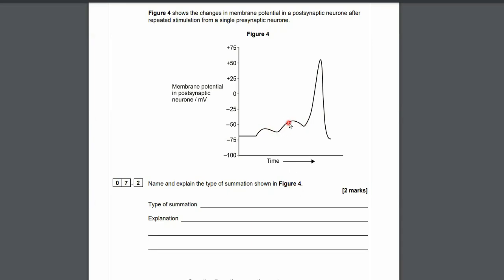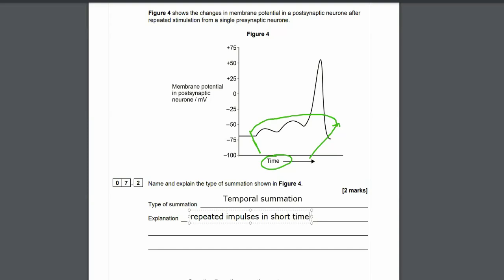We can see there's an addition of several action potentials here. We've got 1, 2, 3 action potentials, so 3 lots of neurotransmitter joining together. Over time, this is temporal summation, because you've got the time at the bottom. We're getting a combination of lots of neurotransmitter being released into the synapse over a short period of time, summing together to cross the threshold and make an action potential.